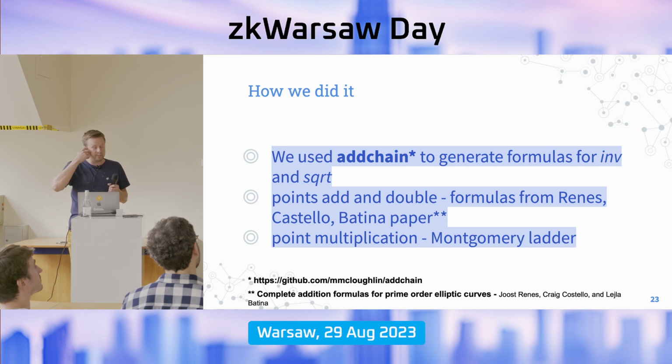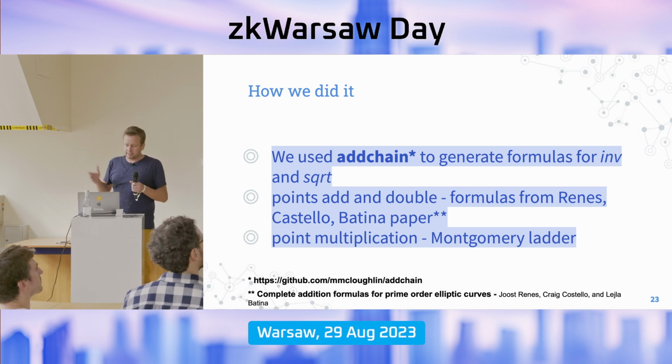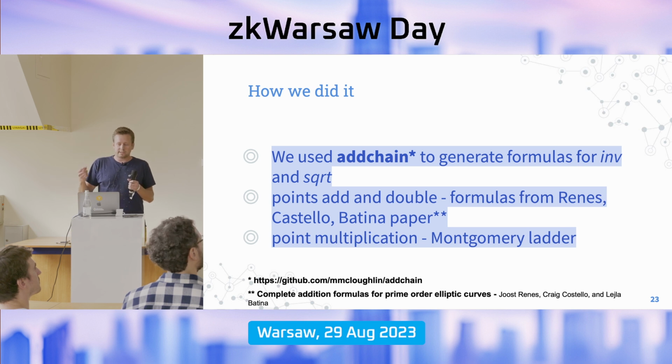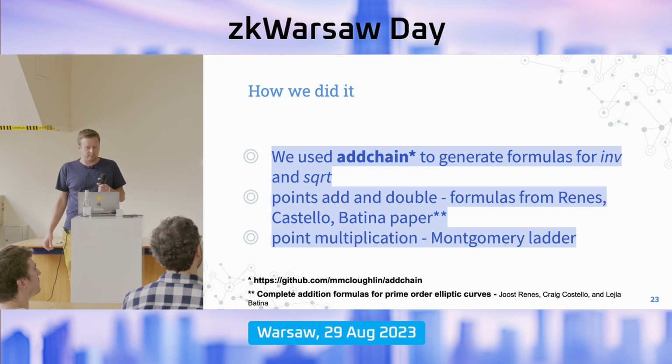So when implementing, I may be going a little bit deeper into the implementation, but not too deep, hopefully. We implemented the listed earlier Ethereum precompile counterparts using some well-known formulas.